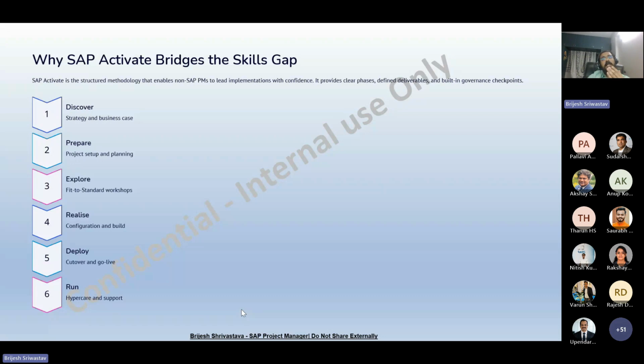So if we talk about the explore phase, this is one of the most important phases. We need to conduct fit-to-standard workshops, understand the proper business requirements, and identify the gaps. We need to do the gap analysis assessment also, whether standard SAP can be used and where additional configuration or custom development is required.